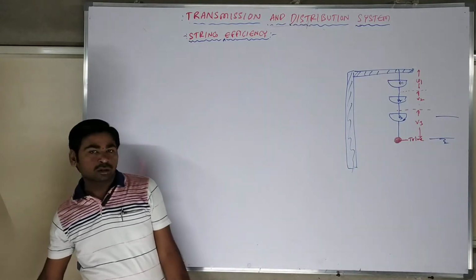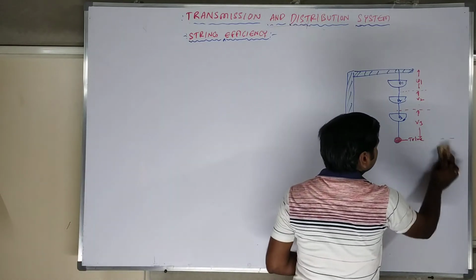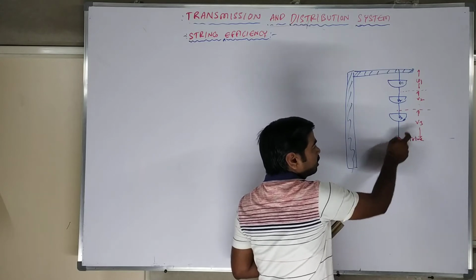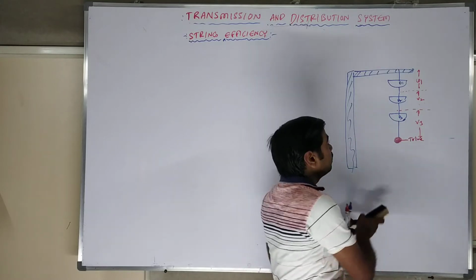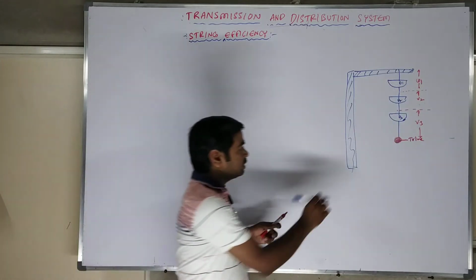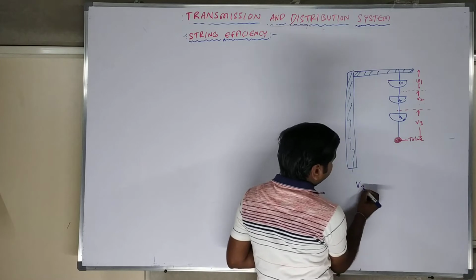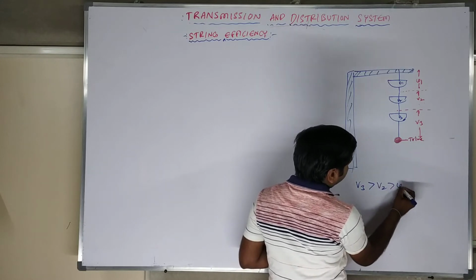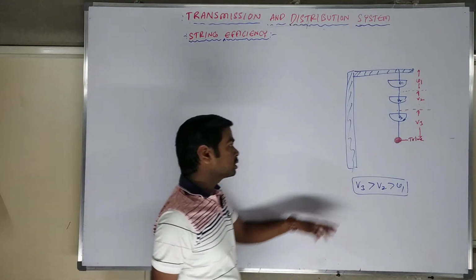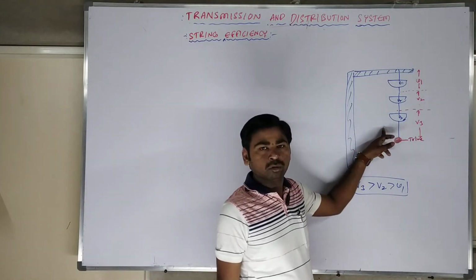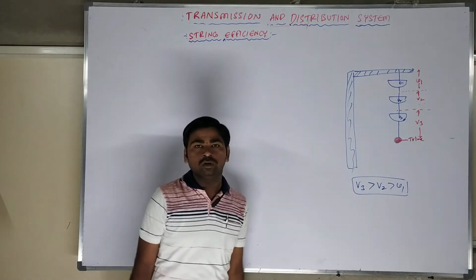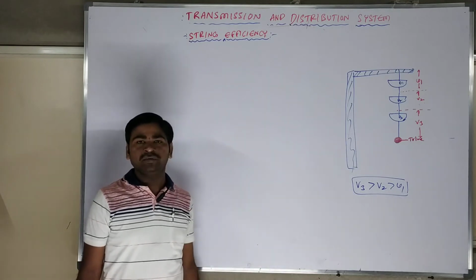The disc near the power conductor experiences more voltage, followed by less voltage for the others. So can I write here V3 greater than V2 greater than V1? Therefore, disc 3 experiences more potential gradient, disc 2 less, disc 1 least. This is called non-uniform voltage distribution across the 3 different discs.